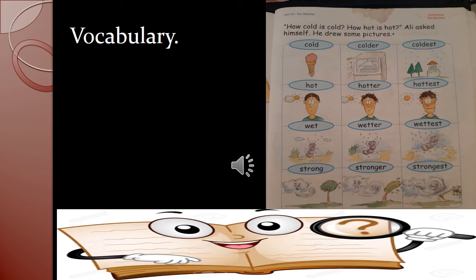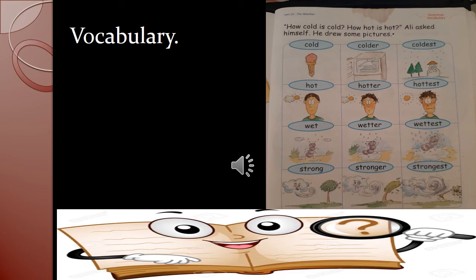Ali asked himself. He drew some pictures. Okay, so boys and girls, you need to know all 3, 6, 9, 12 of these words. They will be in your final exam. So make sure you practice reading them well and practice writing and spelling later on.